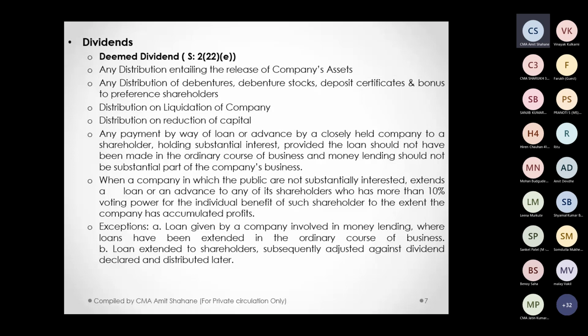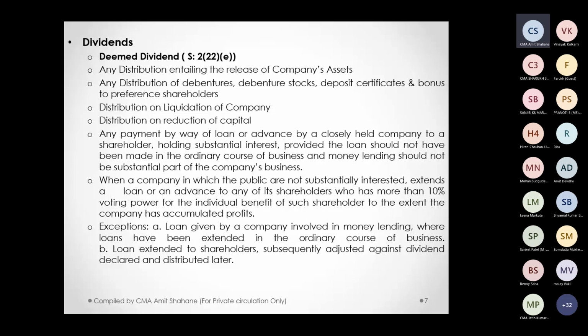But now, since the dividend is taxable in the hands of shareholders, this particular provision has lost its importance. I'm not saying the provision has lost its importance, but because it is chargeable in the hands of shareholders, the company is no longer encouraging this kind of deemed dividend cases. So let's understand what is this deemed dividend.